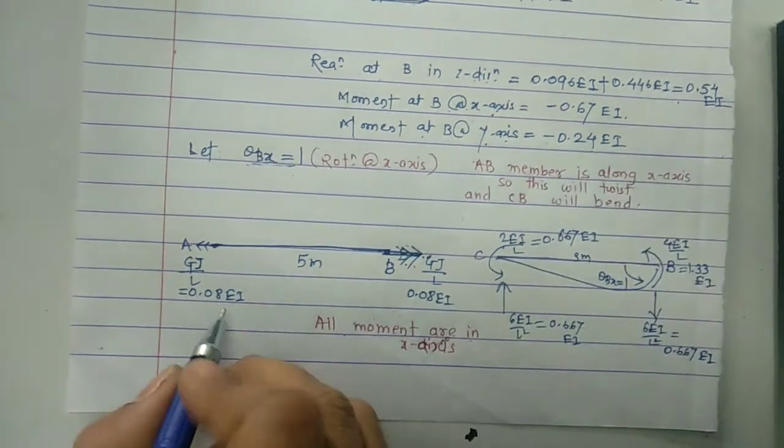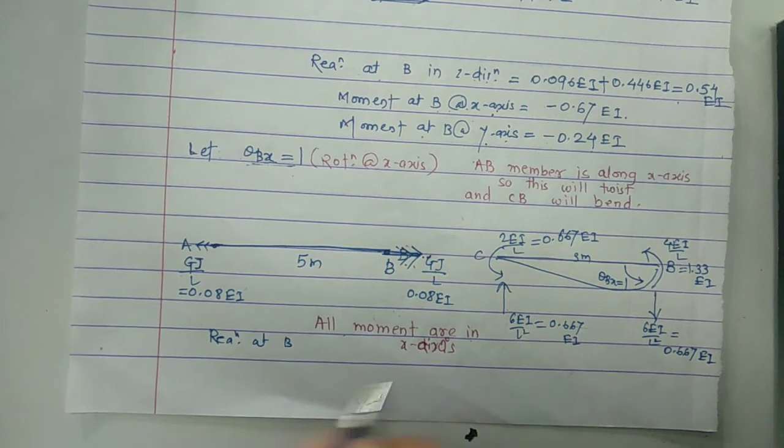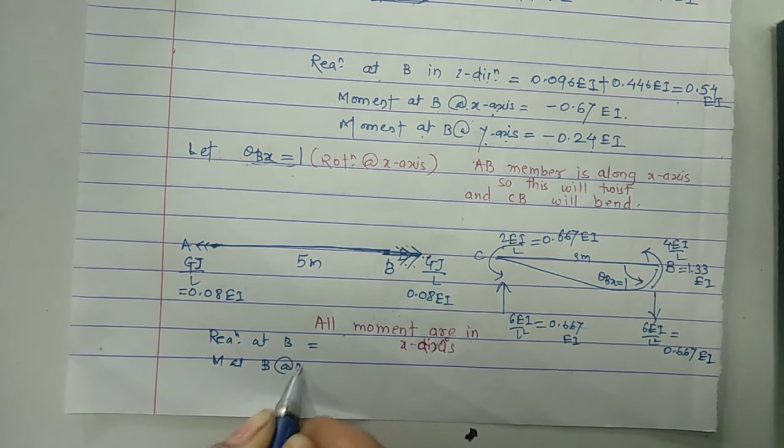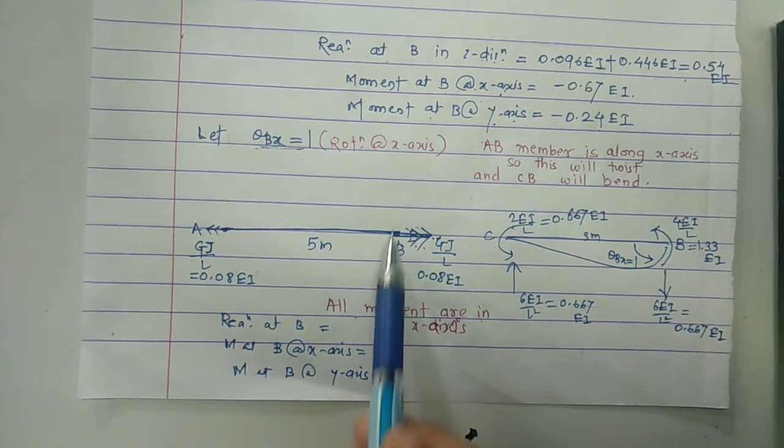Okay, so I'll write here: reaction at B, it is understood that it is in z direction; second, moment at B about x axis; and moment at B about y axis. Okay, so see reaction at B. Here there is no reaction.